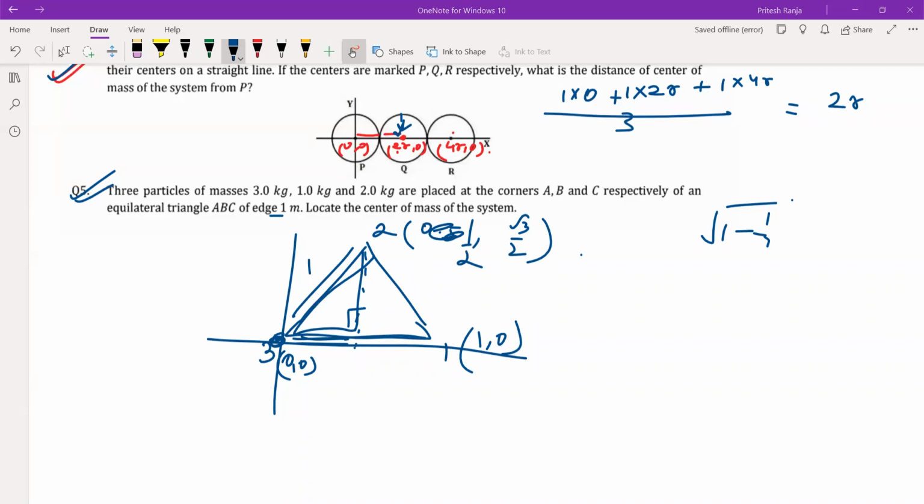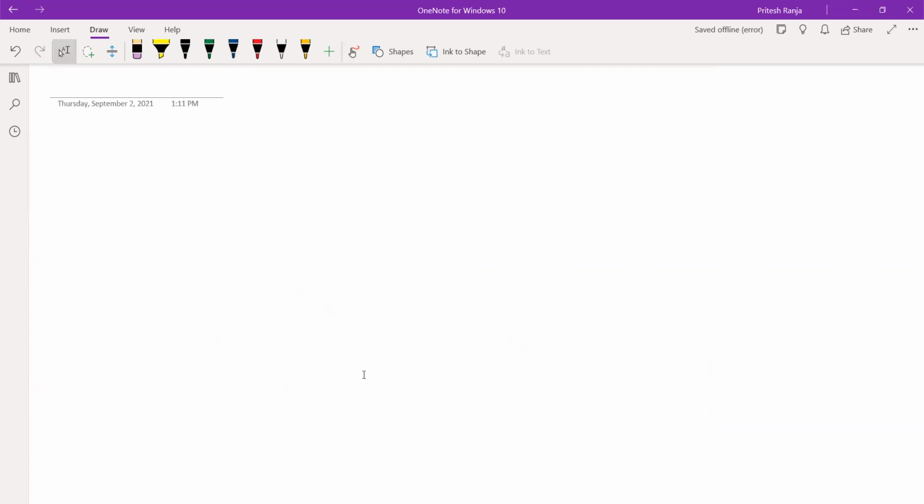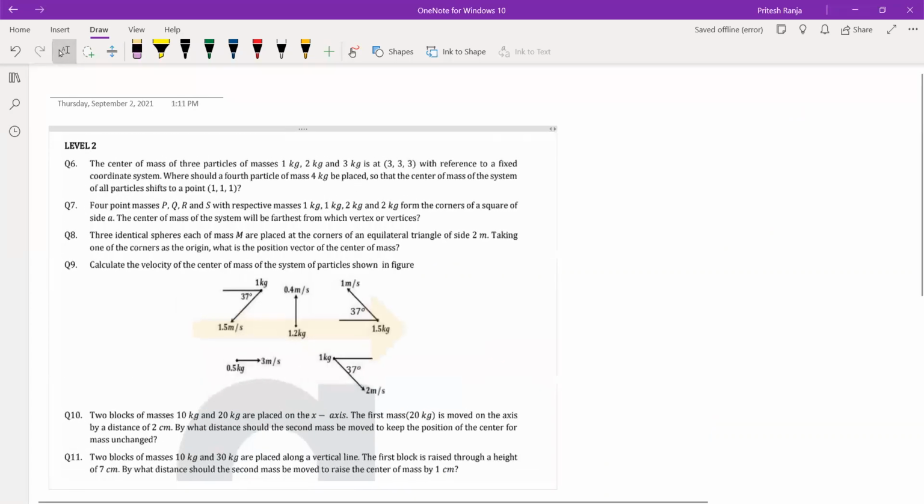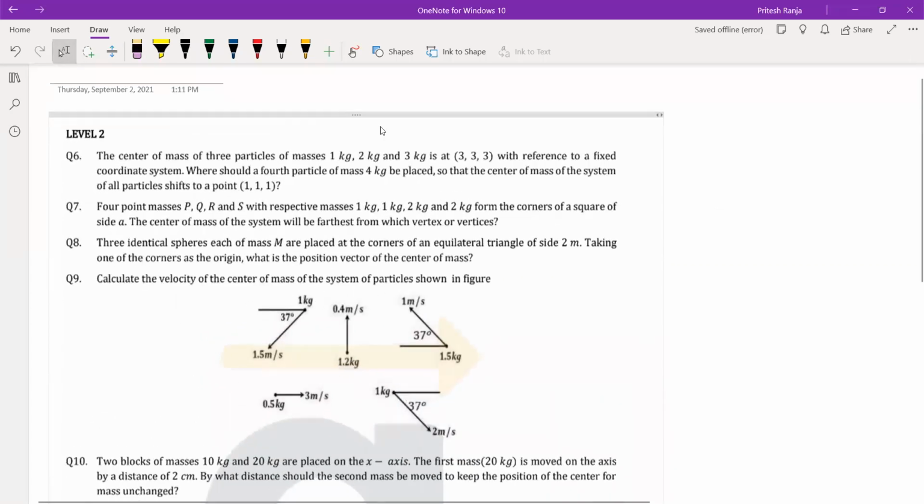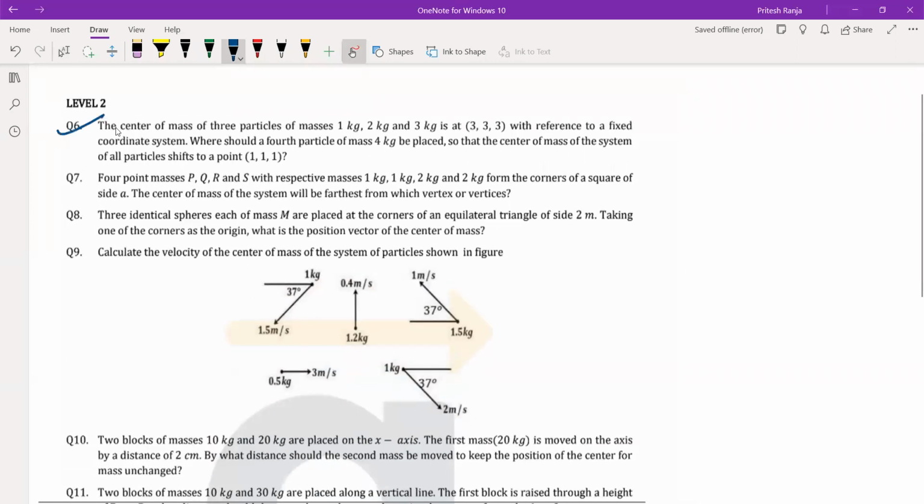Level 2 questions we will do, and in this also we will skip those questions that we did in the quiz. Okay, so everyone quickly do this number 6.